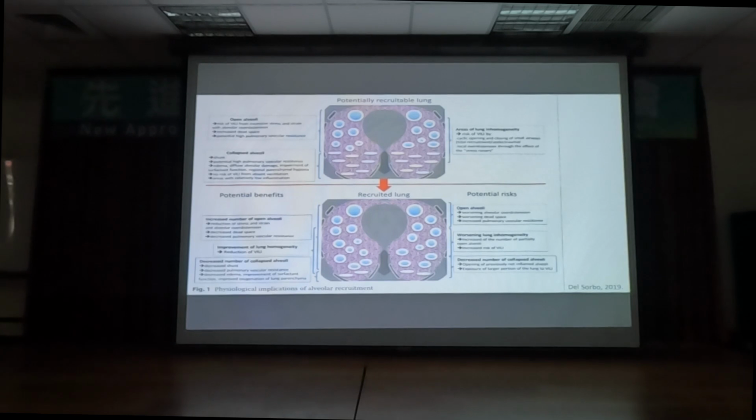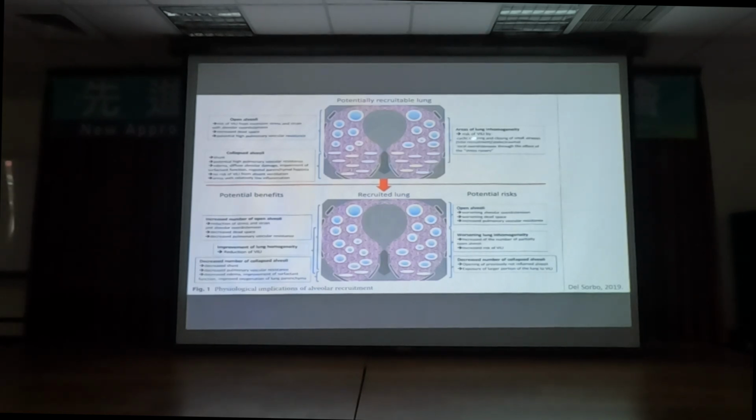Okay. The second problem is, if you look at it carefully, in the overdistended alveoli you have dead space and increased pulmonary vascular resistance, right? But also in the collapsed alveoli, you have increased pulmonary vascular resistance again. This is something I would like you just to remember, because we'll come to this later.